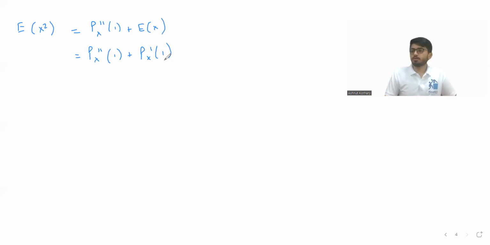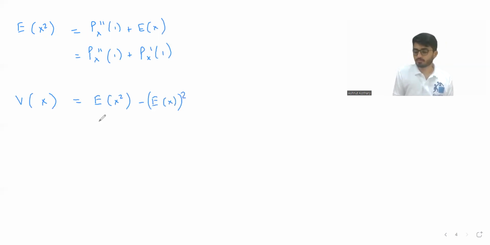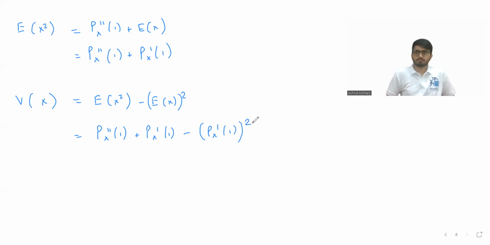Expectation X was nothing but P dash at 1. So from here my variance of X, we know that it is nothing but expectation X square minus expectation X whole square, and this will come out to be P double dash 1 plus P dash 1 minus P dash 1 whole square.